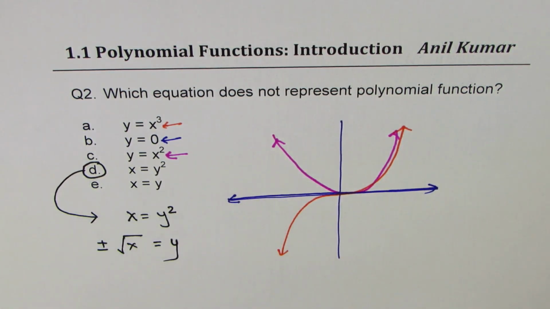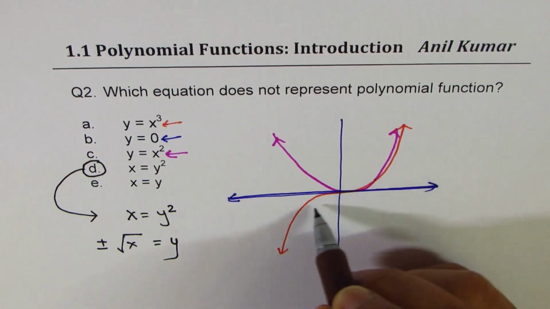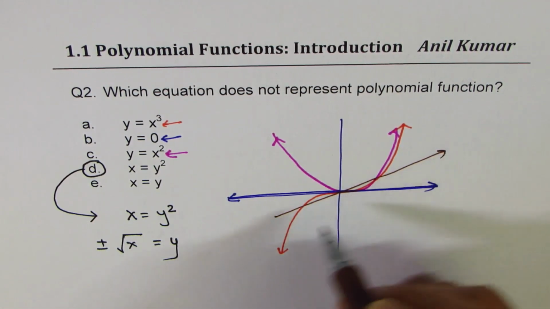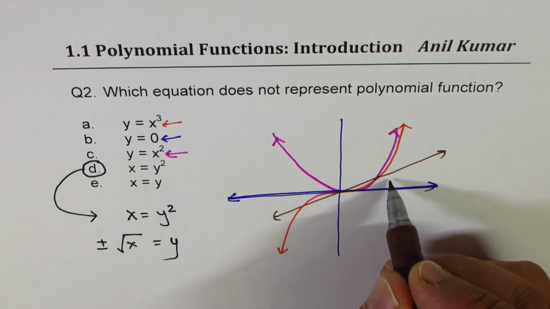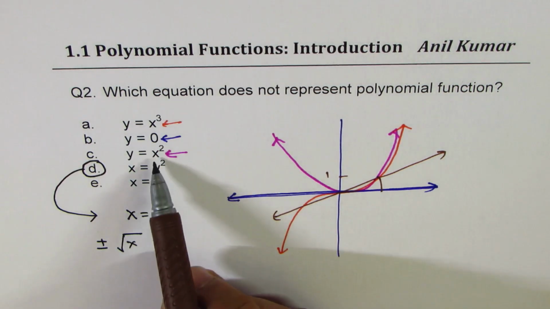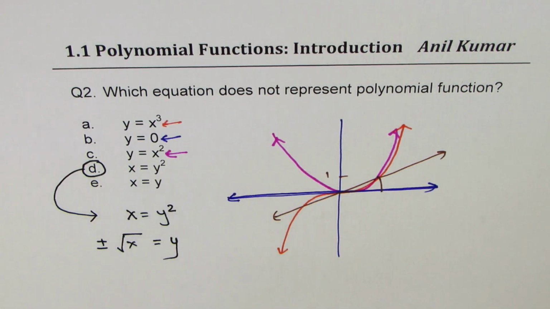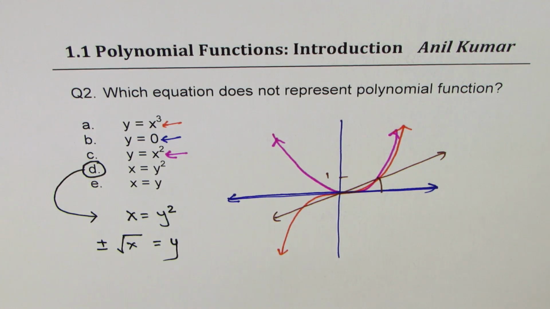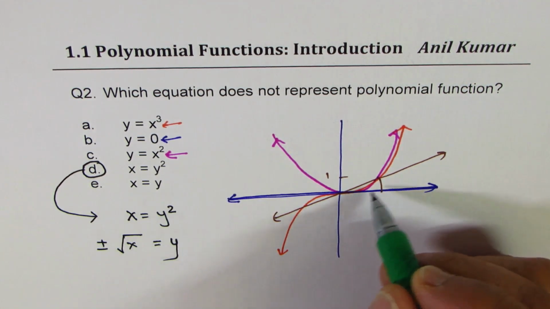x equals y is a straight line, right? So we'll just join this line going through this. Now you'll note this point will be (1, 1), since 1 cubed is 1, 1 squared is 1, and 1 is equal to 1. Is it okay? So that is how it will be. Now the function which is not a polynomial is like a square root, positive or negative.